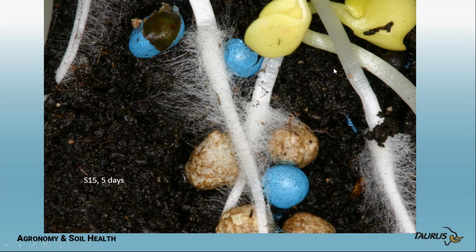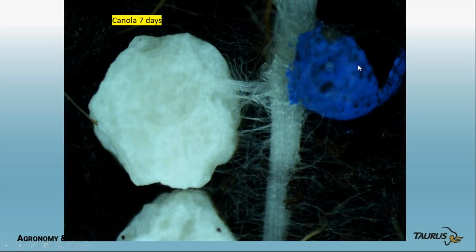Here's S15. Canola loves this stuff. Anything with sulfur, canola loves. This is sulfur plus or gypsum. Same thing. The root hairs, when you see roots that aren't damaged, you know that you're in good shape.